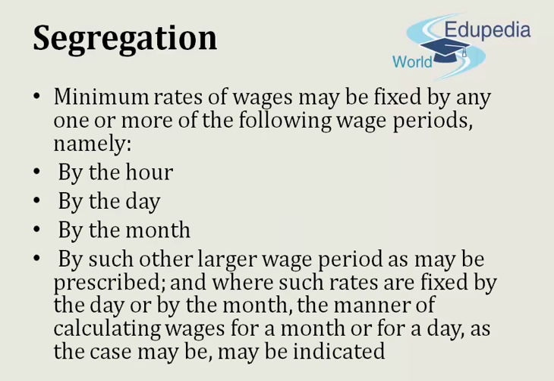Minimum rates of wages may be fixed by any one or more of the following wage periods, namely by the hour, by the day, by the month, by such other larger wage period as may be prescribed, and where such rates are fixed by the day or by the month, the manner of calculating wages for a month or for a day, as the case may be, is indicated.